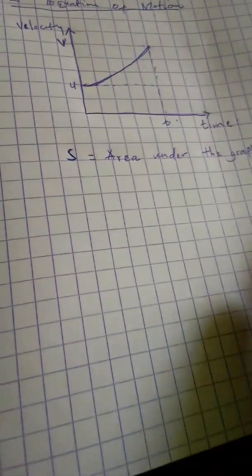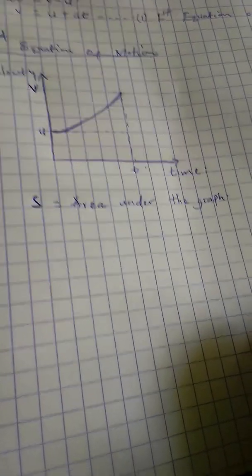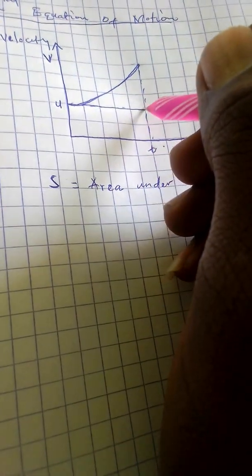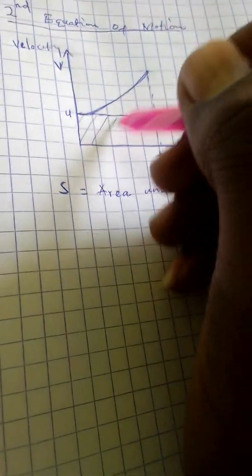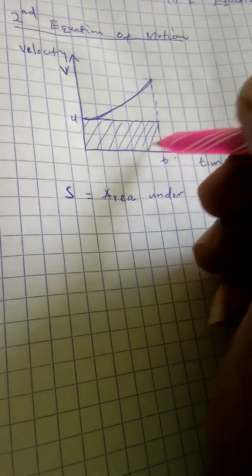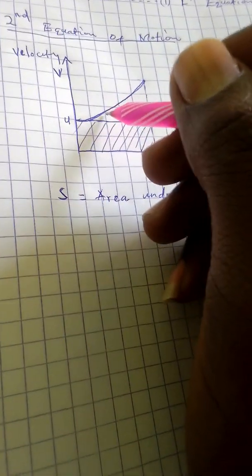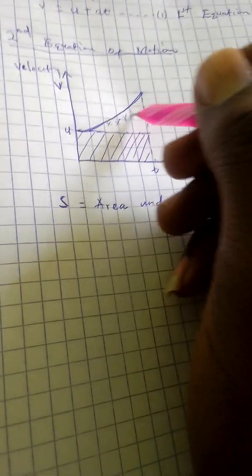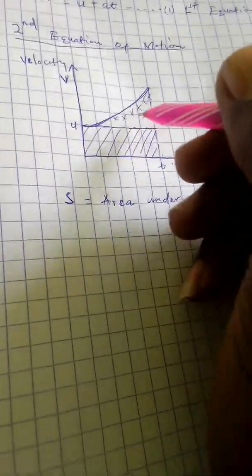And what is the area under this graph? The area under this graph is represented by two figures. This one here, which is a rectangle, and this one here, which is a triangle.